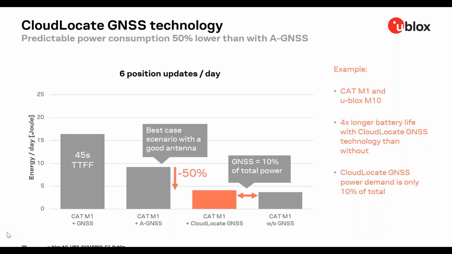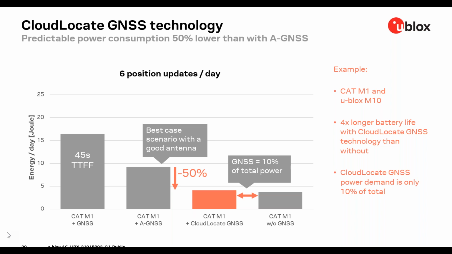Well, of course, you can significantly improve the power consumption figures when you use assistance like u-blox's AssistNow service. But if you compare a solution with assistance against CloudLocate, the red box, we can see that CloudLocate is 50% more efficient, assuming that we are in the right conditions for CloudLocate, of course.